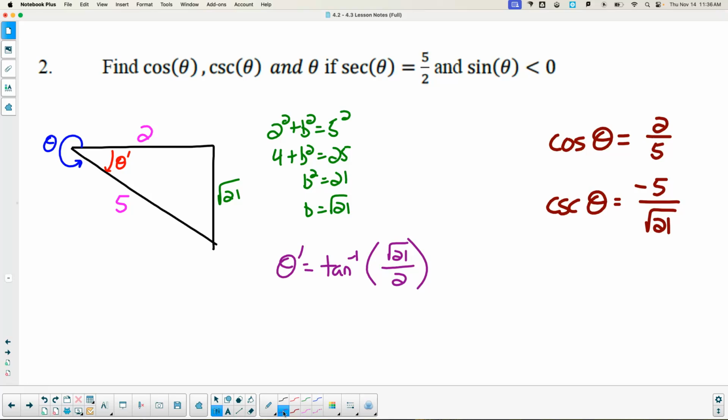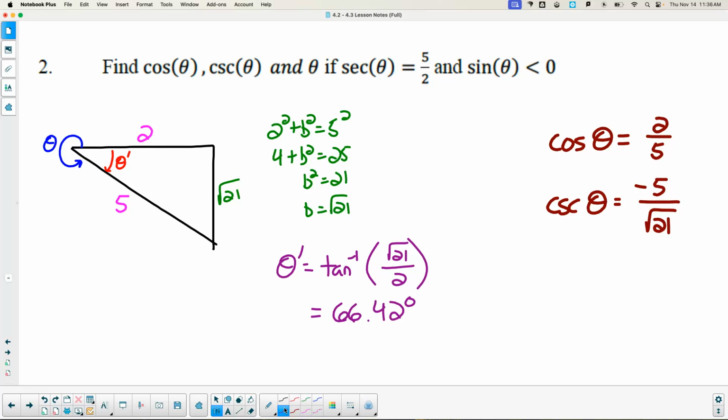Could you just find that with inverse cosine? Yep.